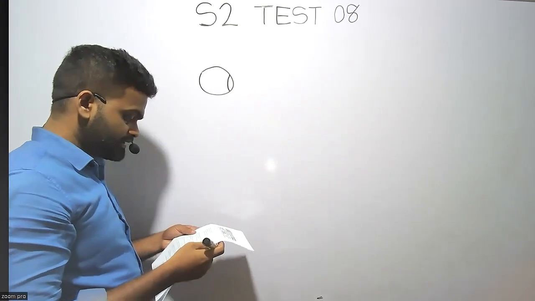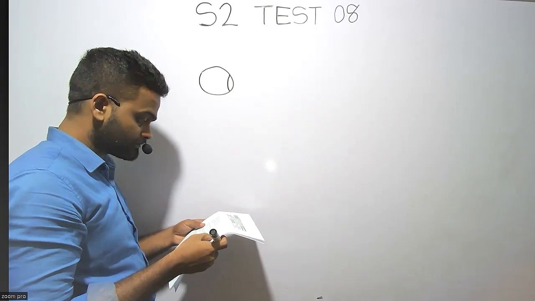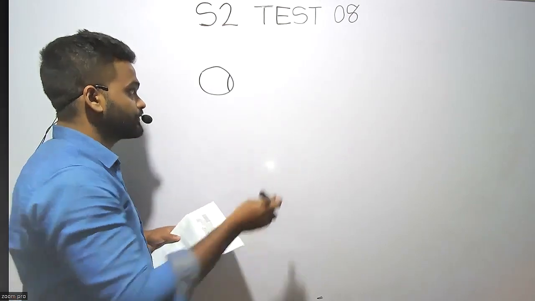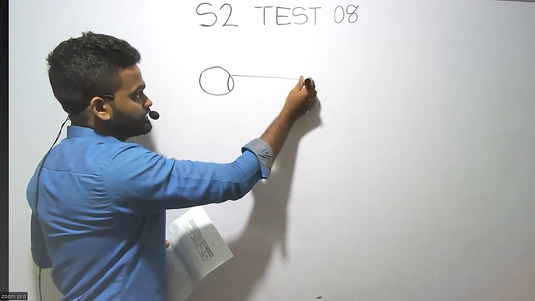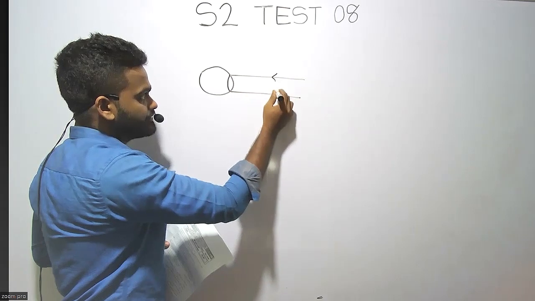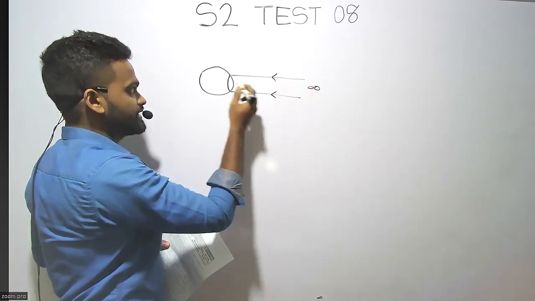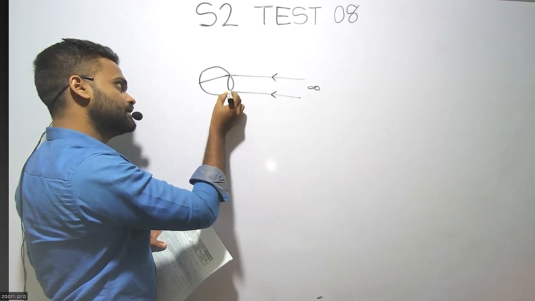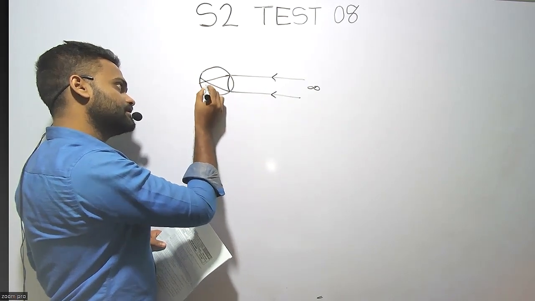So what they ask is the real image. So what happens? Let's say the object is at infinity. What happens is the image is formed in front of the retina like this.